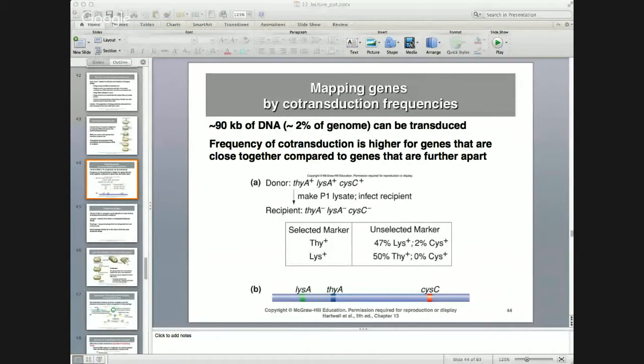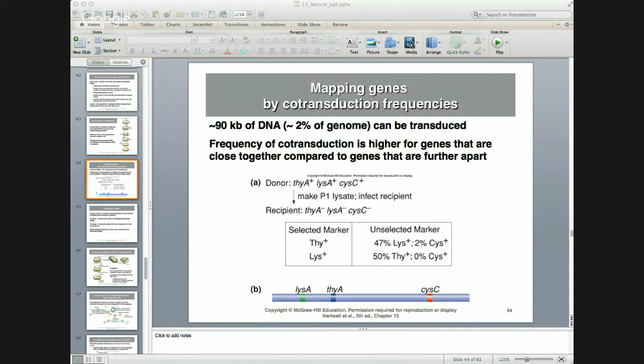This abnormal excision could then lead to what is known as specialized transduction. If this phage particle that contains this galactose chromosomal DNA then infects a recipient bacterium, that process is known as specialized transduction.